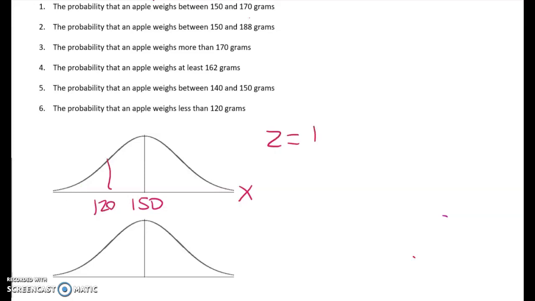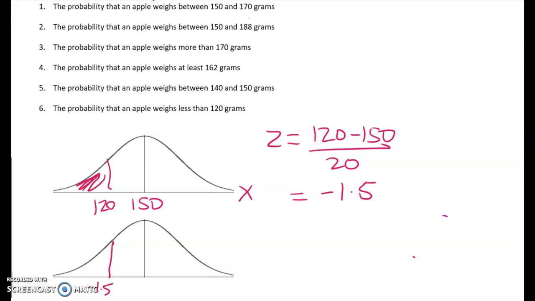So Z is equal to 120 minus 150, so it's 30 below the mean. So it's negative 1.5. 1.5 standard deviations below the mean. And we want this tail probability. So it's the probability that X is less than 120, which is equal to the probability that Z is less than negative 1.5.